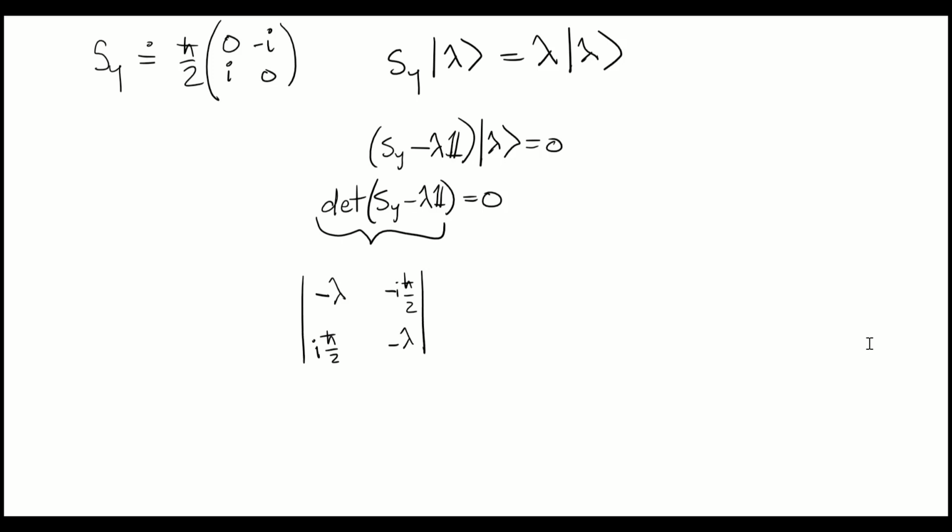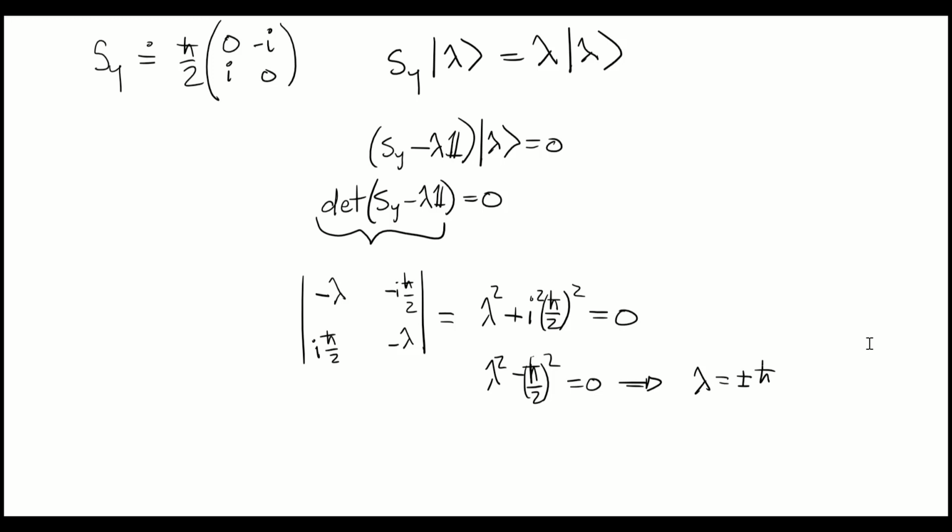Taking the determinant of that is just negative lambda times negative lambda, which gives us lambda squared minus, well, we have minus negative i squared, so this is plus i squared (h bar over 2) squared. If that equals 0, right, or lambda squared minus 1 minus (h bar over 2) squared, this has solutions lambda equal to plus or minus h bar over 2.